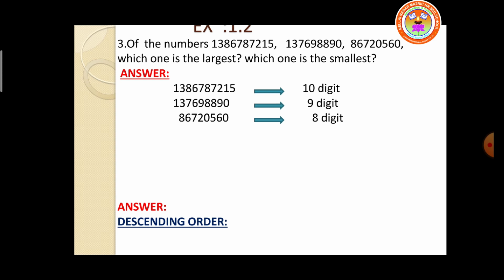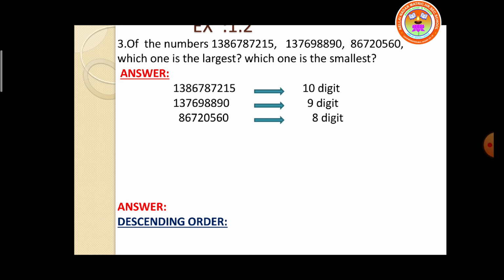Shall we see the third problem now? See, along with me, read the third problem, children. They have given 3 sets of numbers. Which one is the largest and which one is the smallest? How to find out? First, you must find out the number of digits. First number is a 10-digit number.